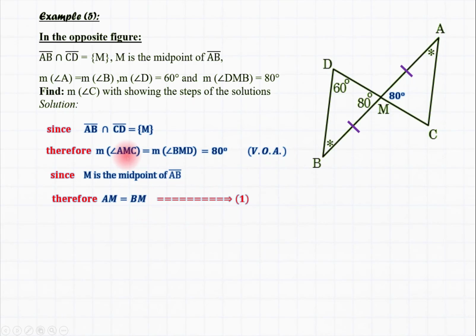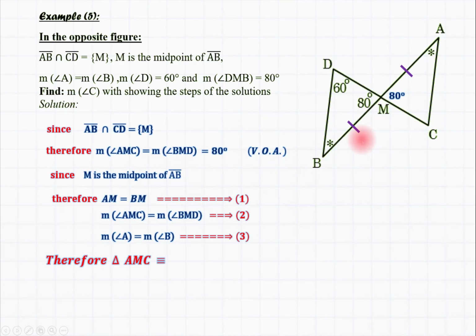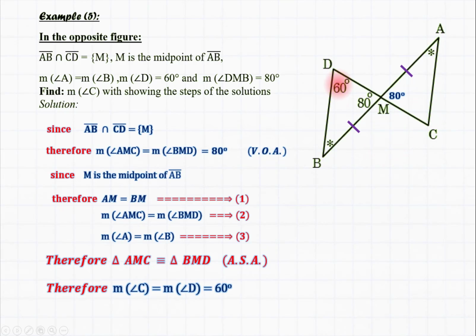And because the measure of angle AMC equals the measure of angle BMD, that's number 2. And because the measure of angle A equals the measure of angle B as given, this is number 3. Therefore, triangle AMC will be congruent to triangle BMD because we have two angles and the included side equal to two angles and the included side, angle side angle. From the congruence, therefore, the measure of angle C will equal the measure of angle D, which equals 60 degrees.